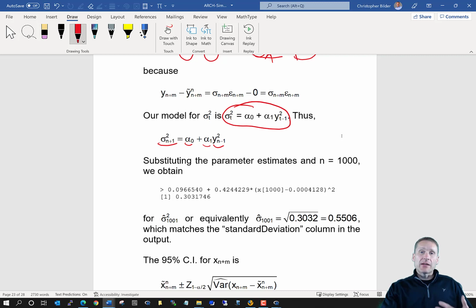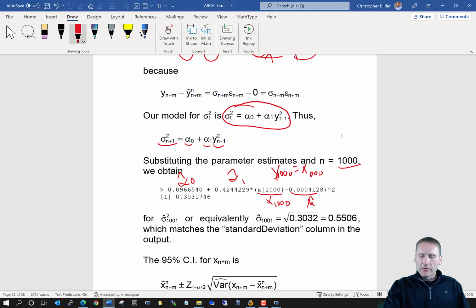So let's substitute parameter estimates, with n equal to 1000, and do the calculation. Here is alpha hat 0 plus alpha hat 1 times x 1000 minus mu hat, remembering that y 1000 is equal to x 1000 minus mu hat.